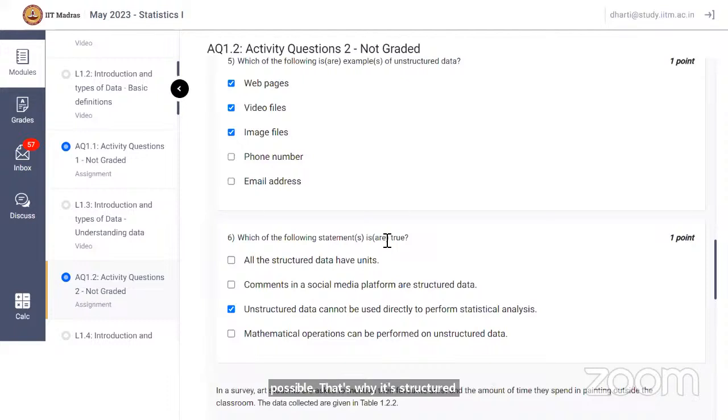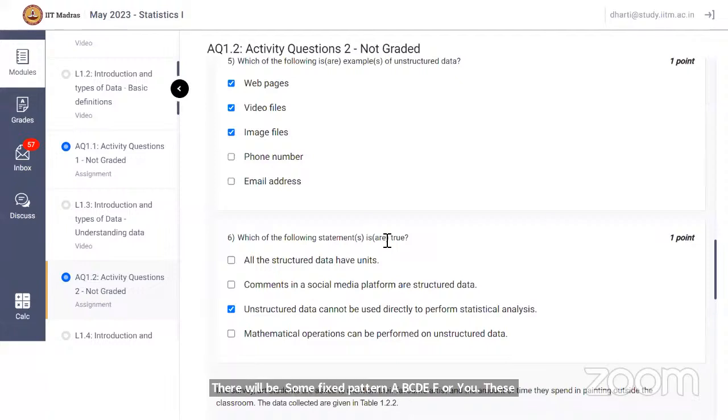Structured doesn't mean you should predict the next upcoming thing. It should not be random. Structured is what? It should have some pattern. It should follow some data type, let's say numerical, or sometimes grades like A, B, C, D, E, F, or U. You know there will be a fixed pattern.